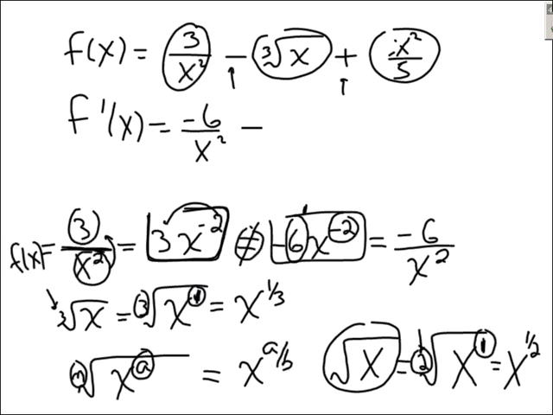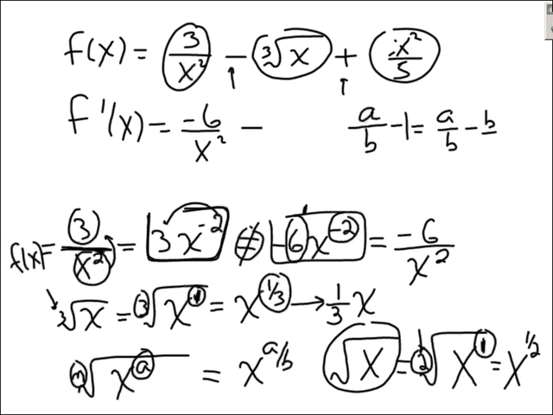Now, to take the derivative, it's a routine. X to a number, bring down the number, and make the new number 1 less. Let's look at how we can do that nice and cleanly. If you have a fraction and you want to take away 1, you should think of the 1 as b over b.